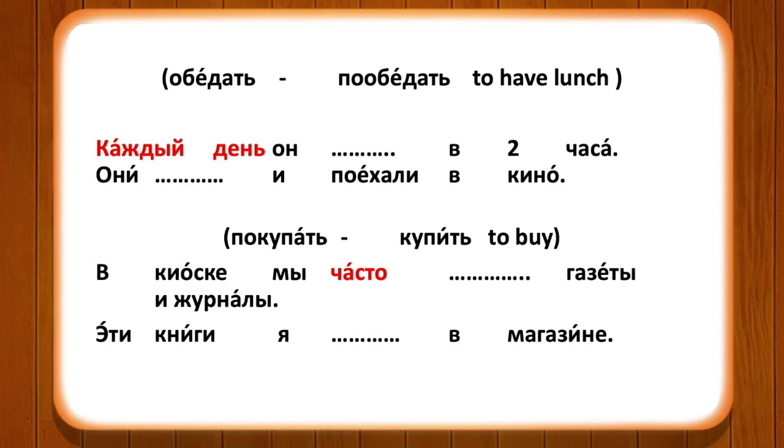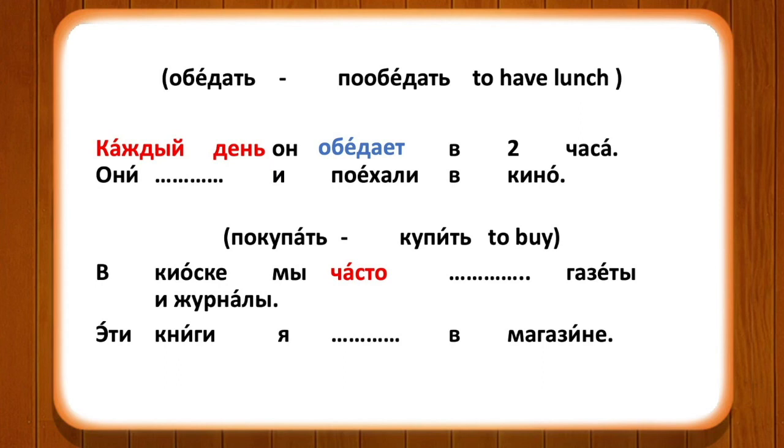Because каждый день is being used here, it indicates a habitual action every day. So to denote this action, you will be using the imperfective aspect, which is obedat', and conjugate it according to the pronoun он. So каждый день он обедает. Он обедает в 2 часа. He eats lunch at 2 o'clock.